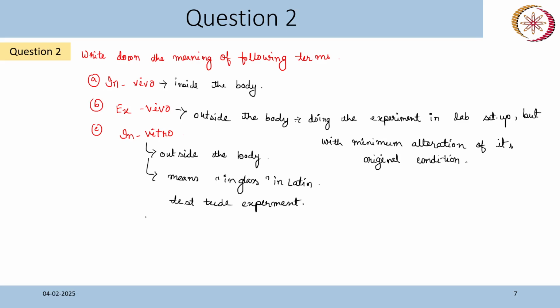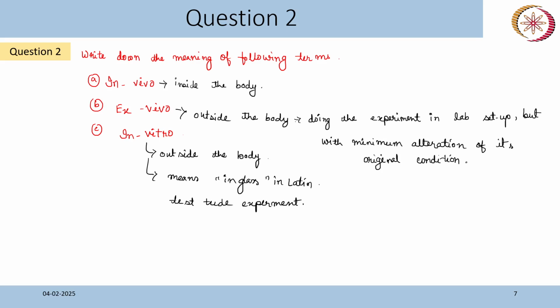Now, why are these relevant? When we cannot do the experiment inside the body, we try to mimic those organs or those cells or the system which is inside a person.